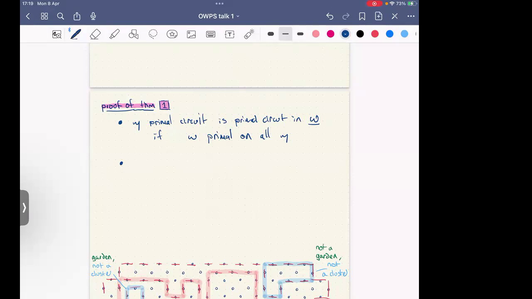Okay, so now fix some omega, and gamma a primal circuit in omega. Okay. And then we're going to say sigma is a primal garden in omega inside gamma if, well, it's just a sub-circuit.